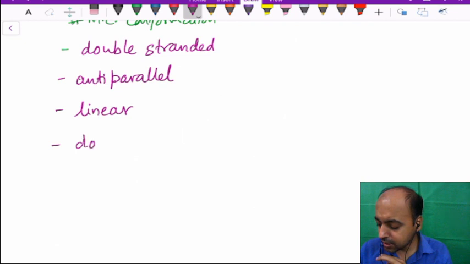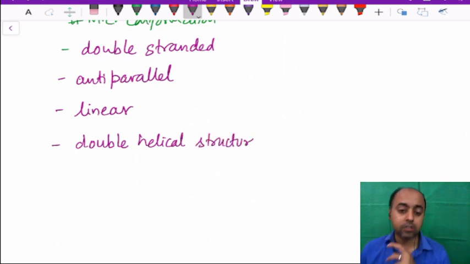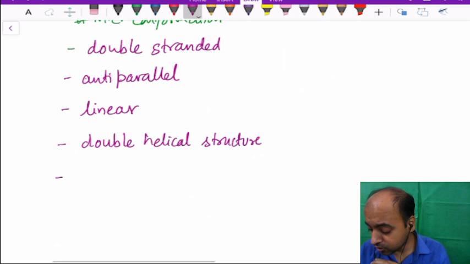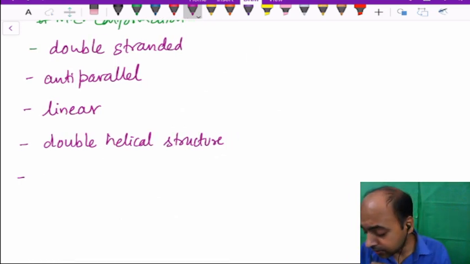Each of the strands is present as a helix. So we have what is known as the double helical structure. But whenever you talk about helices, you have to tell whether the helix is right-handed or left-handed. So this is a right-handed helix.